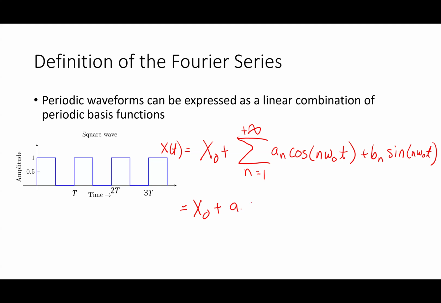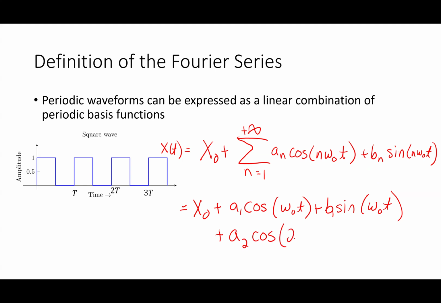Well, I get a1 cosine what? Omega naught t, plus b1 sine omega naught t. That's one term. What's the next one? A2 cosine 2 omega naught t plus b2 sine 2 omega naught t. Yep, that's a 2. And then effectively this keeps going on up to infinity.